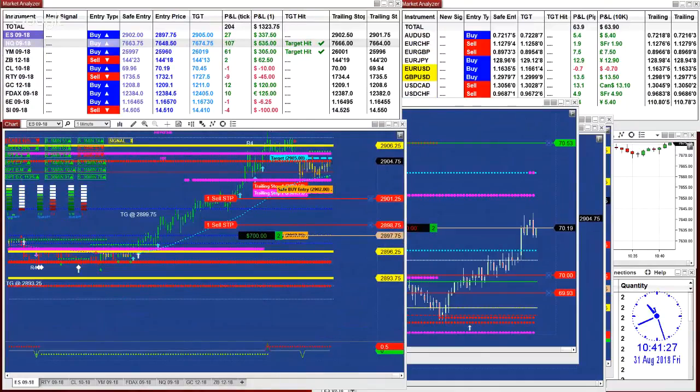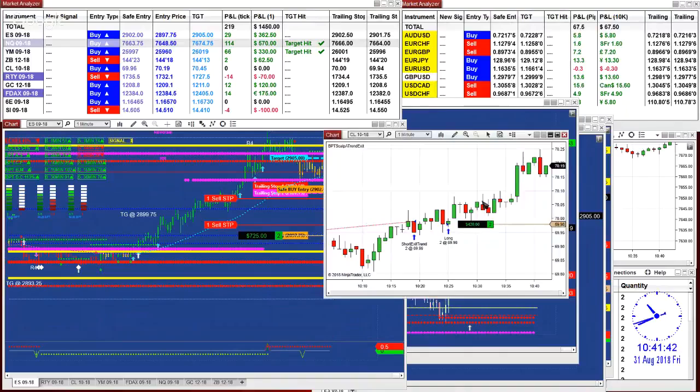But I like the option where a trader can manage. This is the swing trading. He's already on that trade from 69.98.